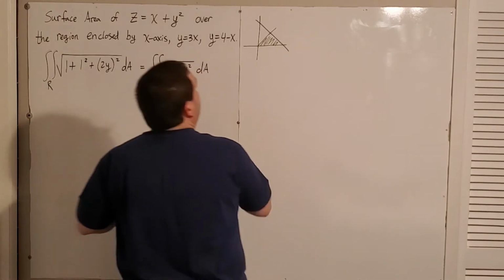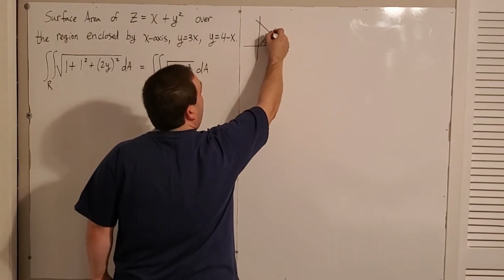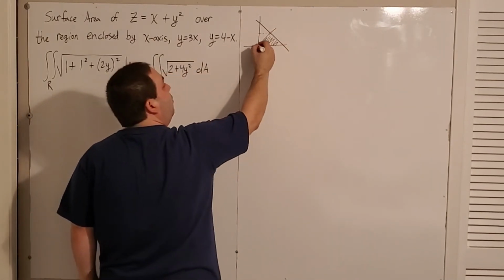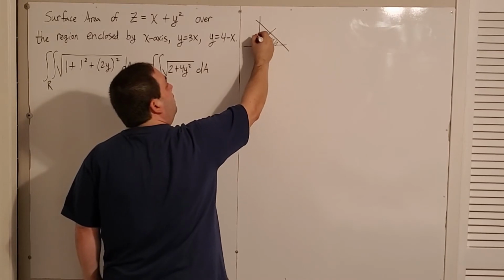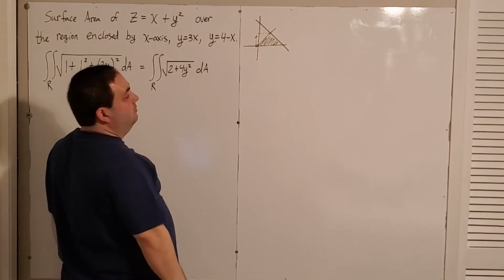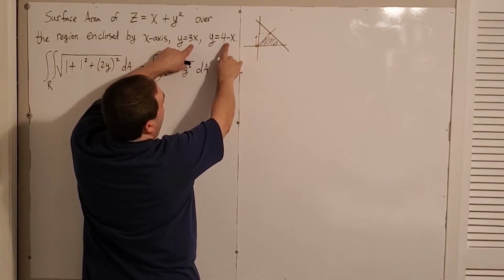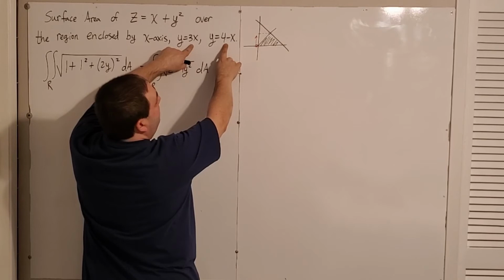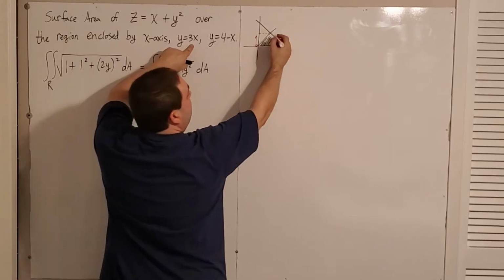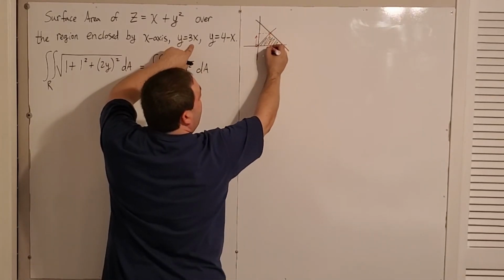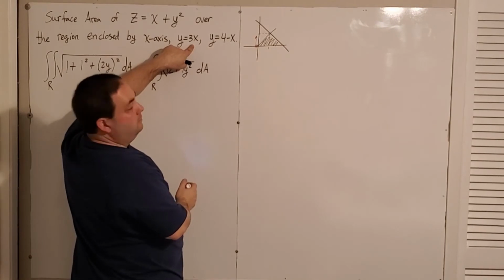So where do these two intersect right here? This is important because I'm going to let y go from 0 up to that point. Right? Where do those two intersect? Where does 3x equal 4 minus x, right? Well, they intersect when x is 1, right?